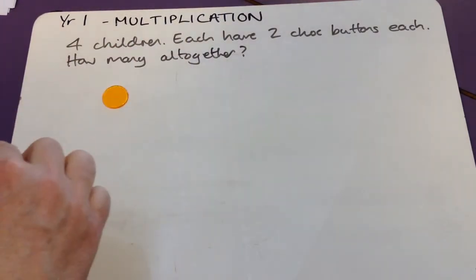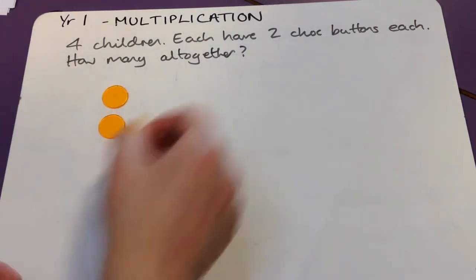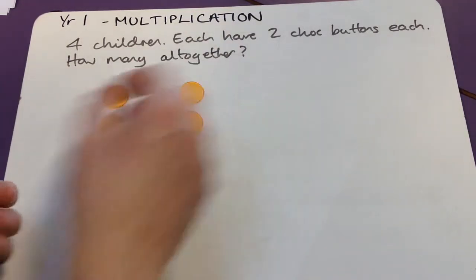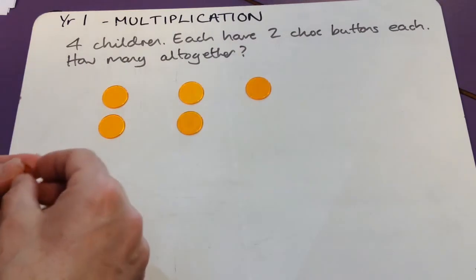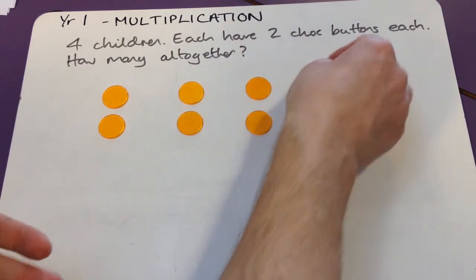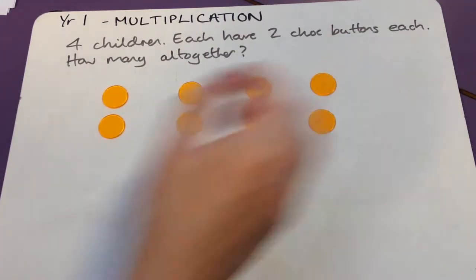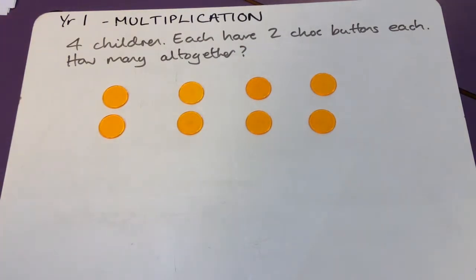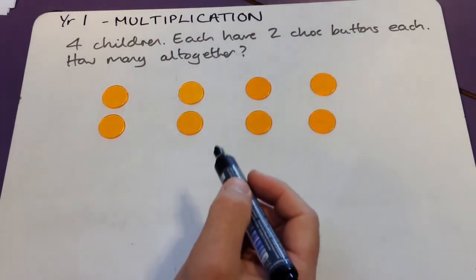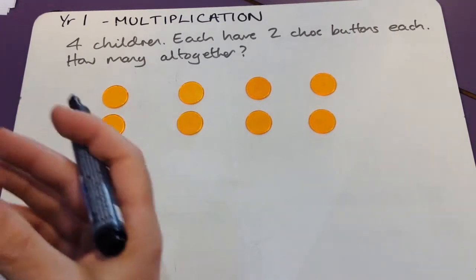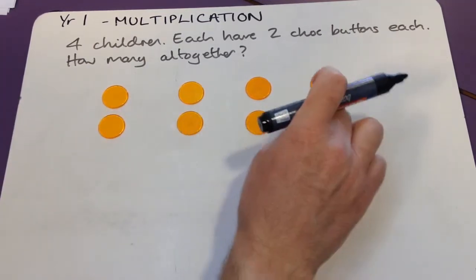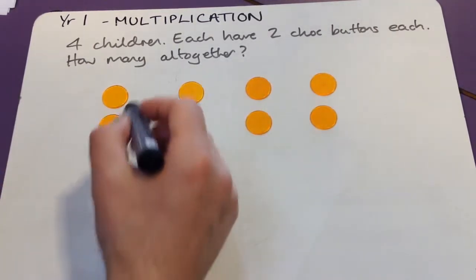So child 1, 2 chocolate buttons. Child 2, second child, has another 2 chocolate buttons. Child 3 has 2 chocolate buttons, and child 4 has their 2 chocolate buttons. Now we can begin to look at this as repeated addition, because that's what we say multiplication is. It's repeated addition, repeatedly adding the same number.